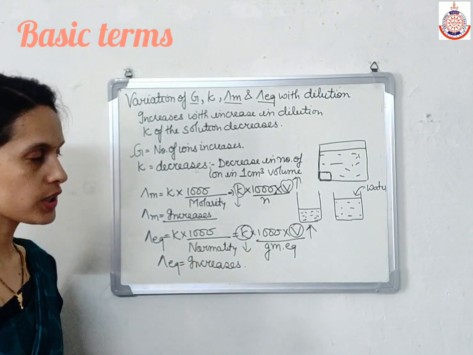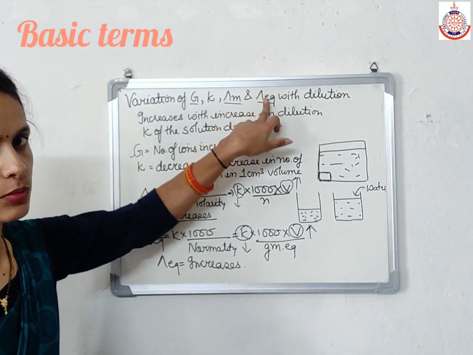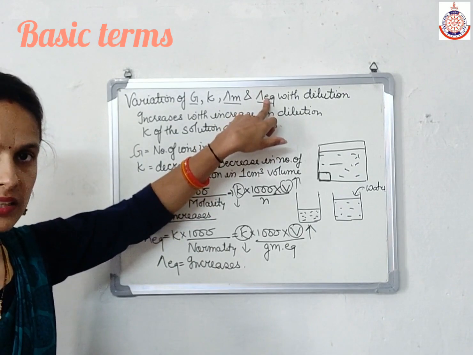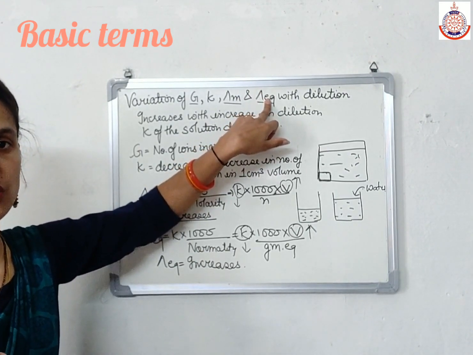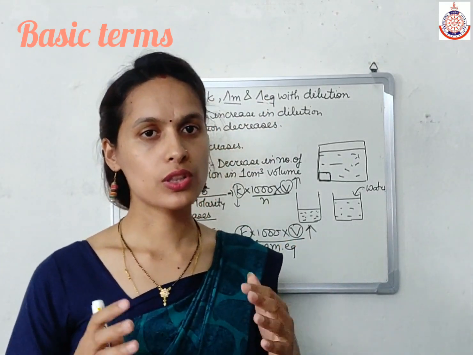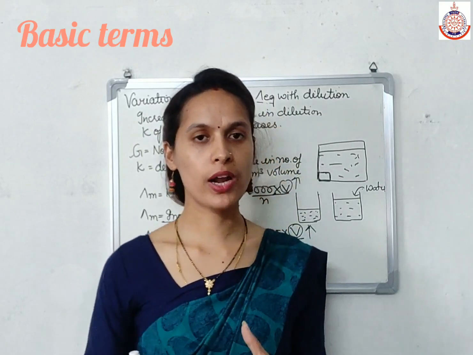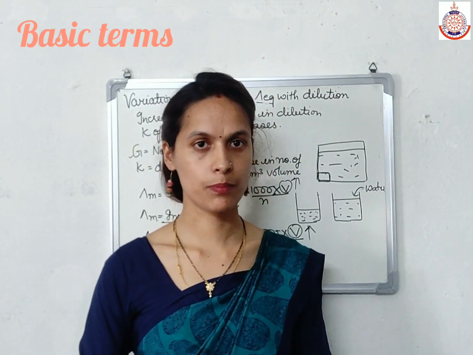So, with dilution, conductance, molar conductivity and equivalent conductivity increase, but due to the decrease in the number of ions per unit volume, specific conductivity decreases. So these are some general points which we have studied in electrochemistry.